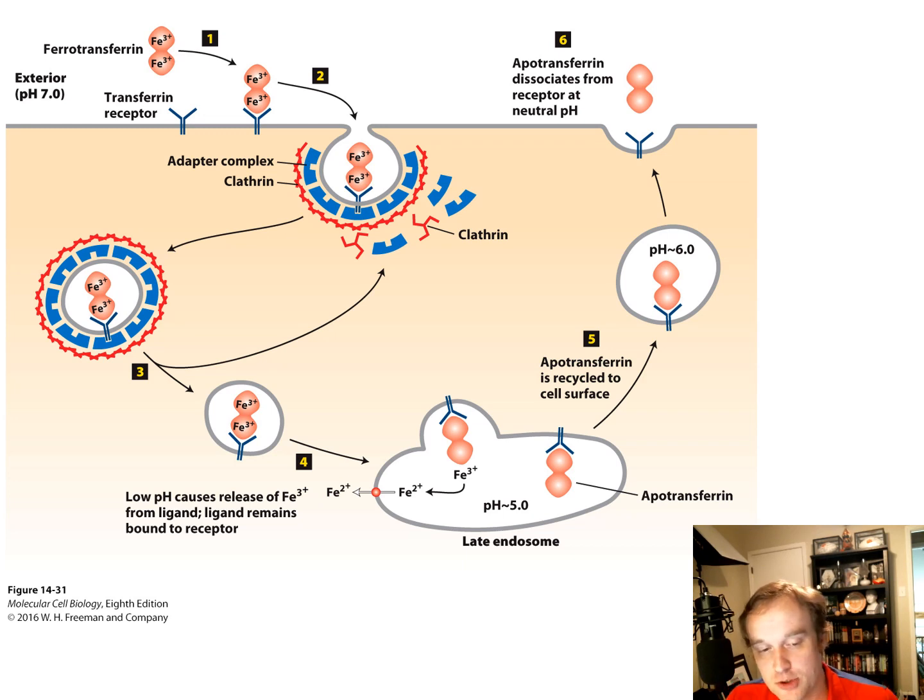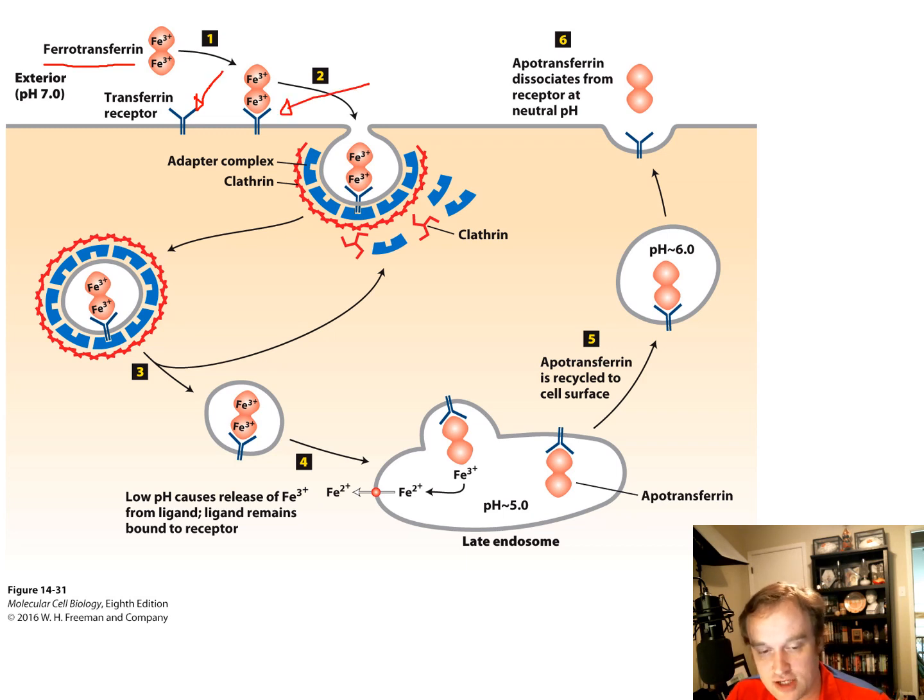So transferrin is a protein that carries iron, and there's apotransferrin, which is when there's no bound iron, and then we have ferrotransferrin that we're going to start with that has bound iron, and this is in the blood. And so in this mechanism, this ferrotransferrin, it's a dimer, so it'll carry 2 iron molecules, and it binds tightly to this cell receptor at neutral pH. And this is a transferrin-specific receptor.